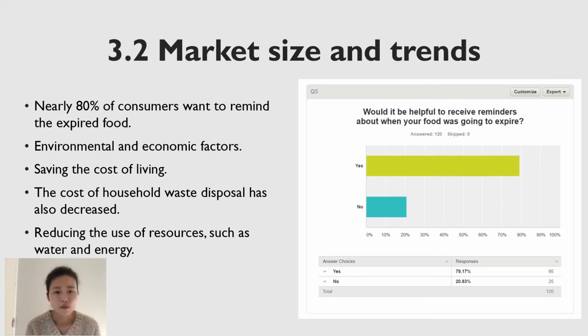In terms of market size and trends, from the chart, nearly 80% of consumers want food reminders, and reminding people of the expiration date of food helps save the cost of living. For example, Americans lose $165 million worth of food each year. Also, food reminders could help people reduce the use of resources critical to food production, such as water and energy.